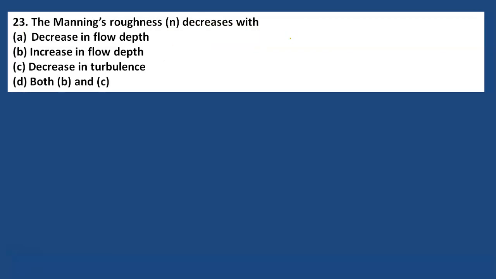Next question. The Manning's roughness n decreases with. n always decreases with increase in the flow depth. What is the Manning's formula? 1 by n is equal to R power 2 by 3 and S power 1 by 2. Here R represents the hydraulic radius and S denotes the slope.